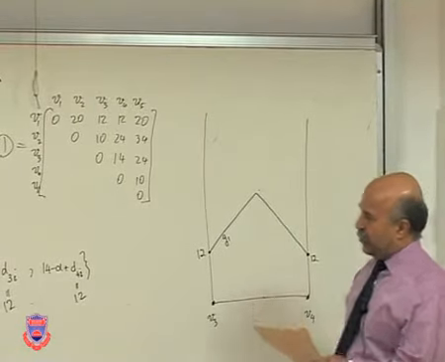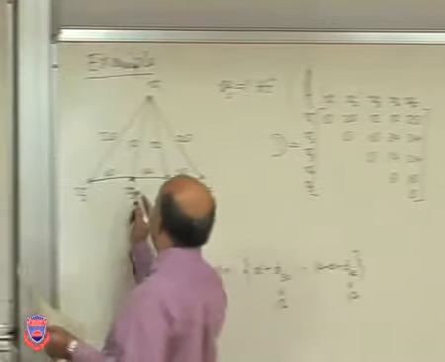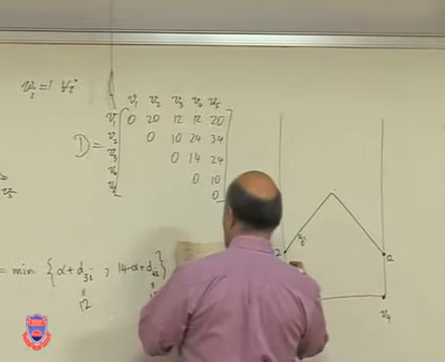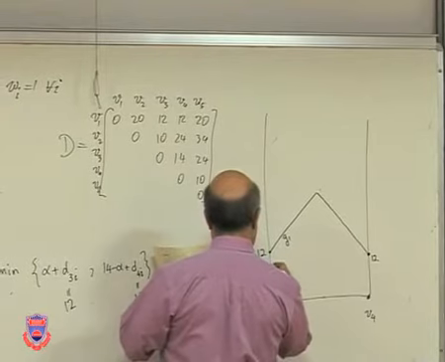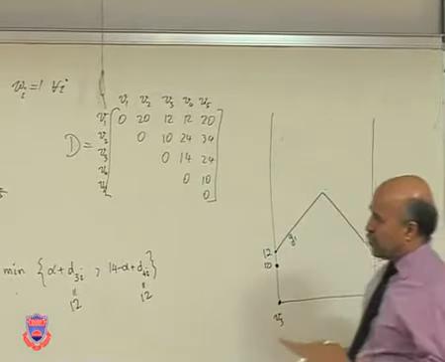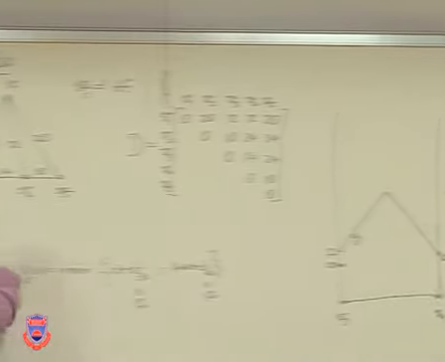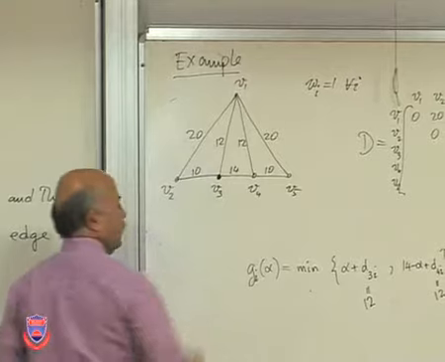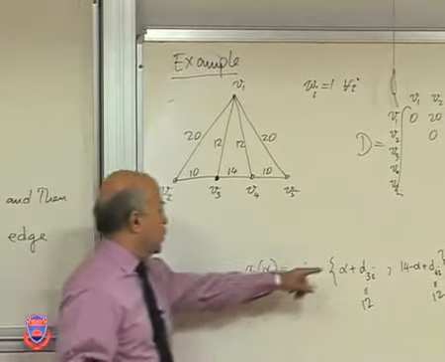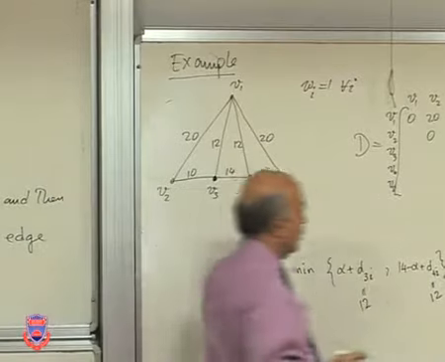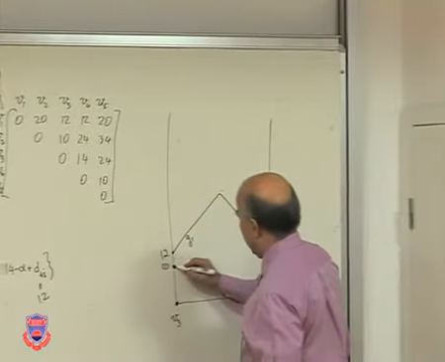What is my G2? G2 begins with a distance of 10, which is a little bit lower. Well, actually, it goes all the way through V3. In other words, the minimum is always the first one for vertex number 2. So it goes like this.